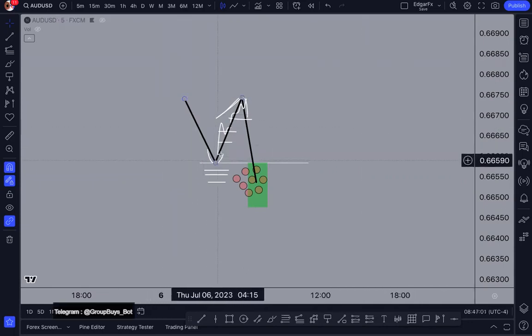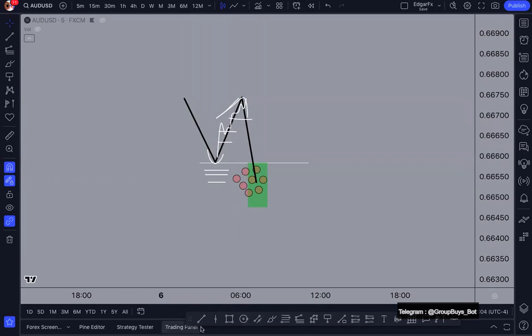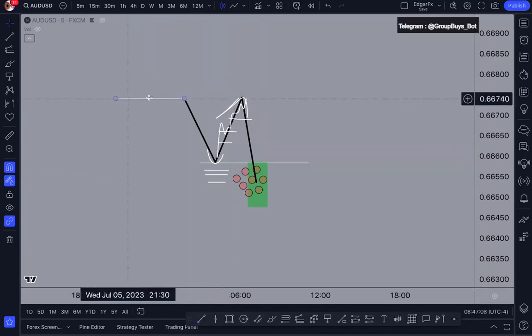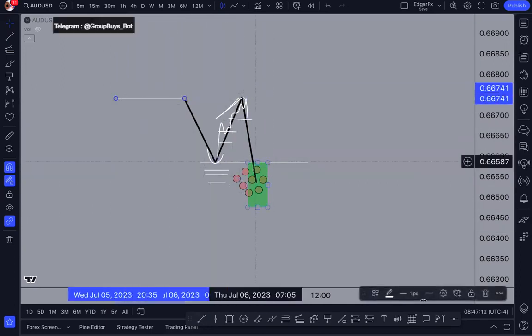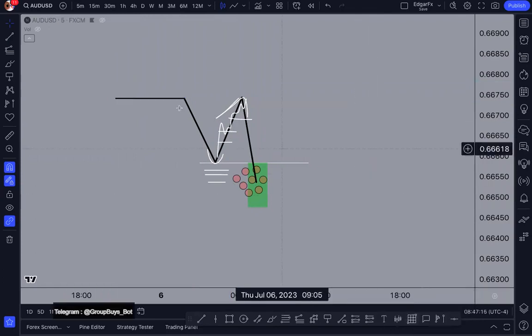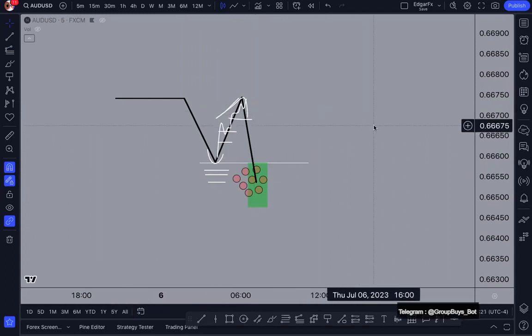If this low did not see, okay, hold on. Let's say the market opened like this, right here. Did this low print underneath a low? No. Anybody else?